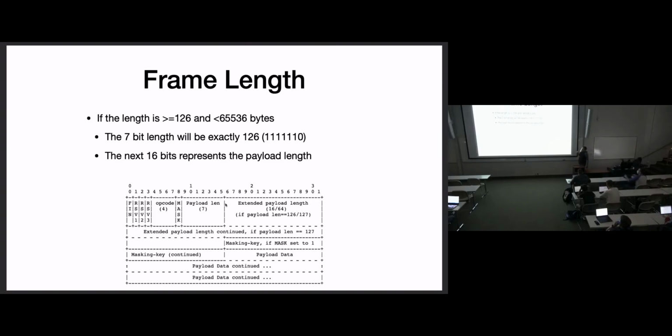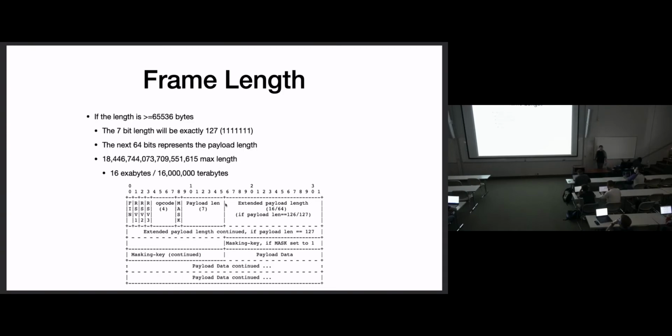So if the 7-bit payload length is exactly 126, that's a way for the protocol to tell you, hey, I needed 2 bytes to represent the payload length. Read the next 2 bytes, and that's your actual payload length. The 126 is just a heads up. Hey, I needed more than 7 bits to represent the payload length. Read the next 2 bytes, that's your payload length.